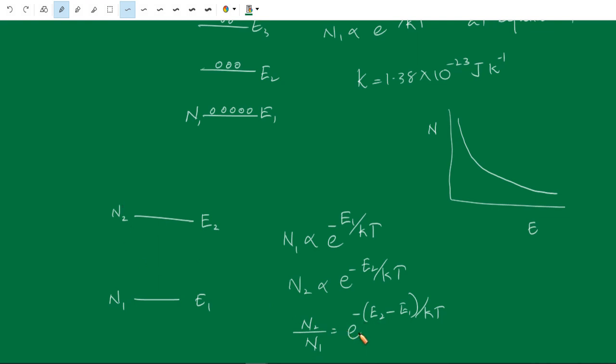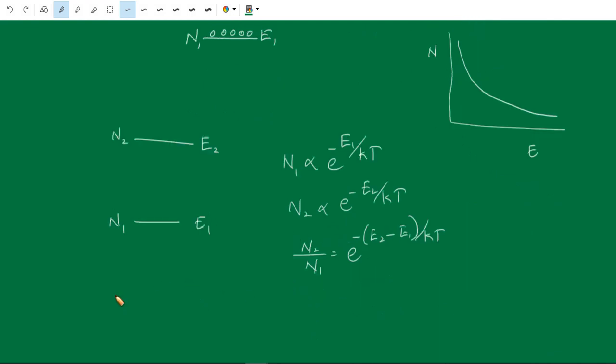According to this law, N2 is always less than N1. This is called the normal distribution. According to the Boltzmann law, the number of particles in the upper energy level is always less than the number of particles in the lower energy level.